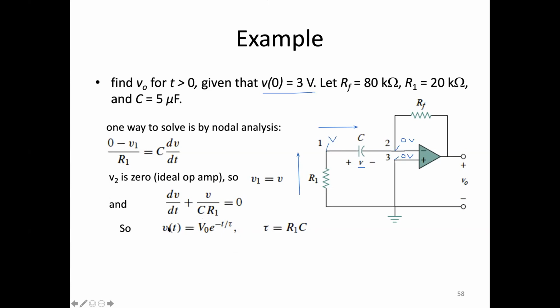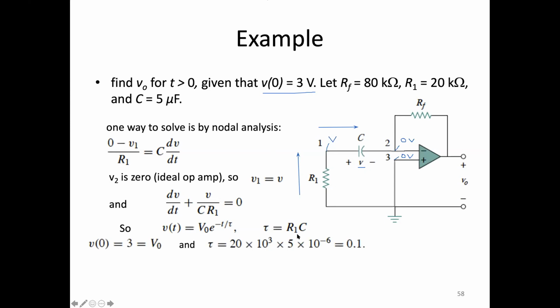Okay, so the form of the solution for V of t is a decaying exponential with a time constant of tau and an initial value of V naught. And notice that we know the initial value of V naught is given to us as 3.